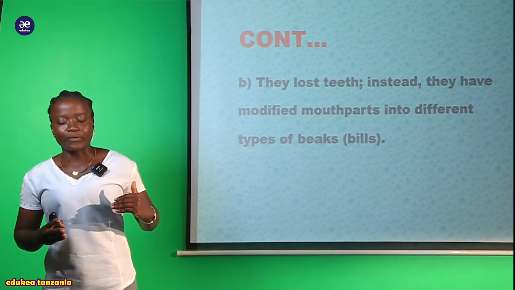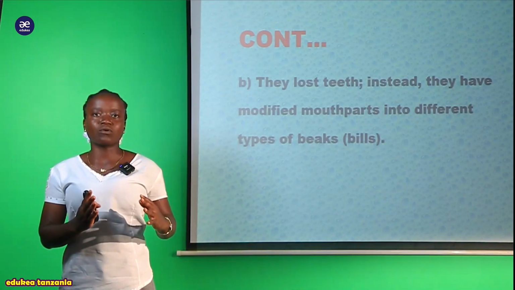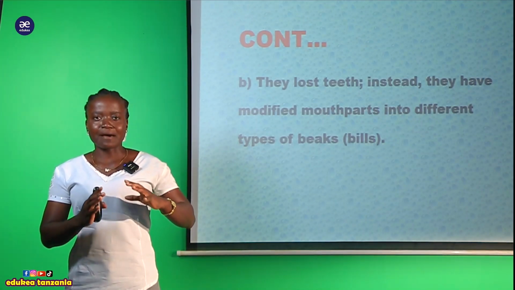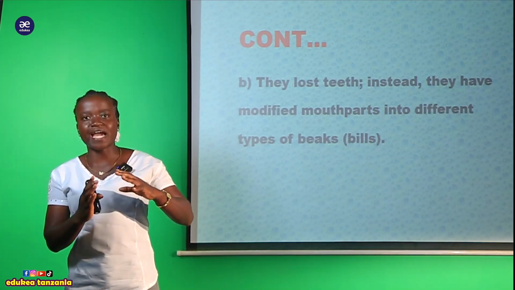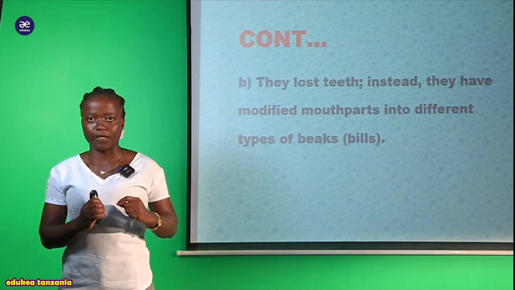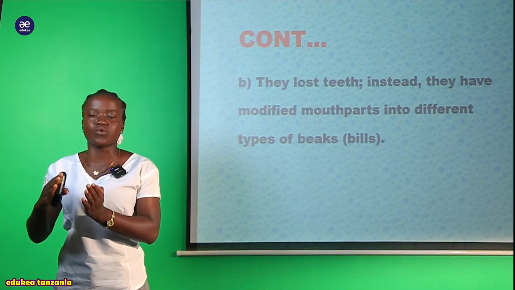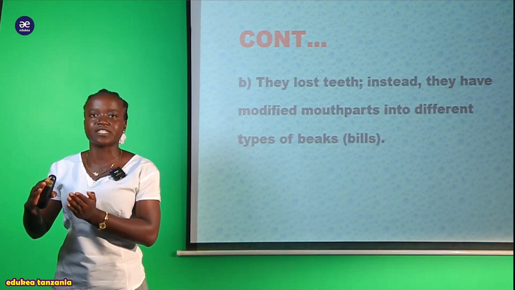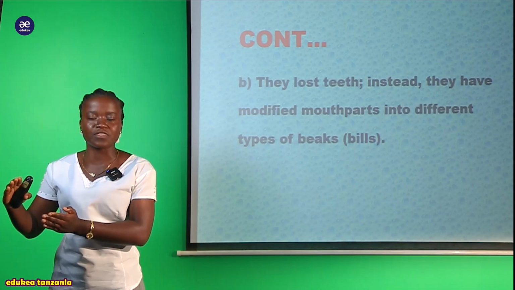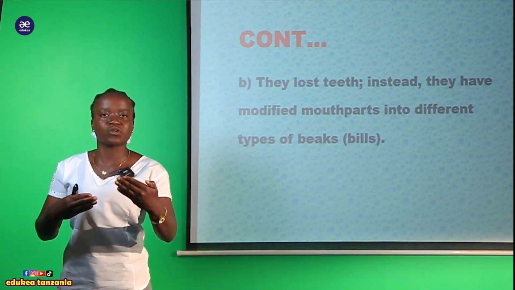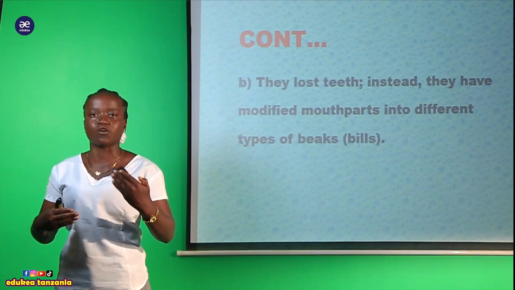Kwa mfano, wale ndege ambao wanakula kwenye vyakula, kwa mfano mbegu, their mouth parts have been modified for eating seed only. And we have other birds which are specialized for eating fruits found within the trees. So their mouth parts have been specialized for eating such kind of food.